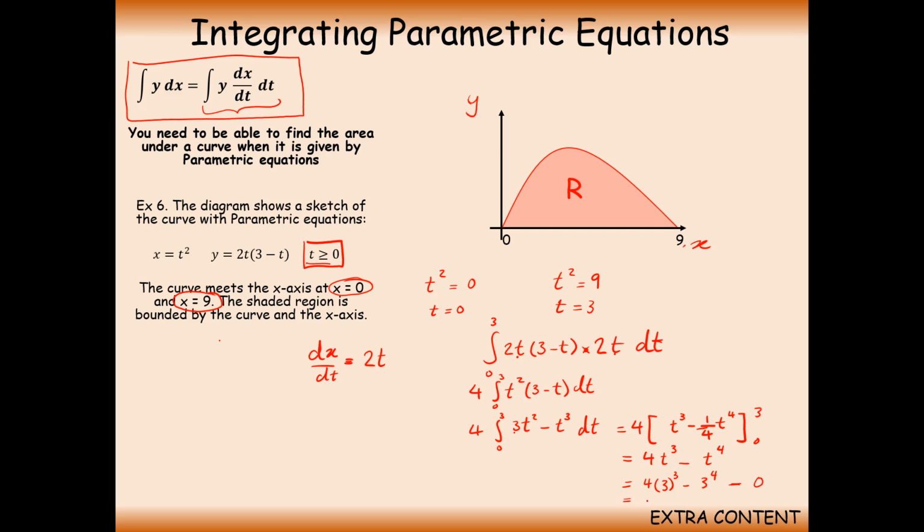So we have 4 lots of 27 minus 81. The final answer comes out to be 27 square units.